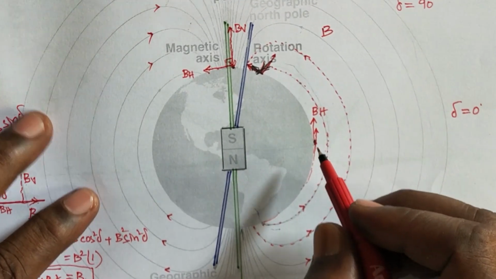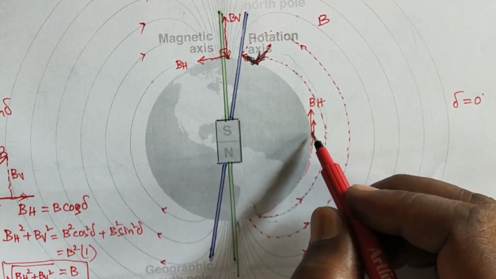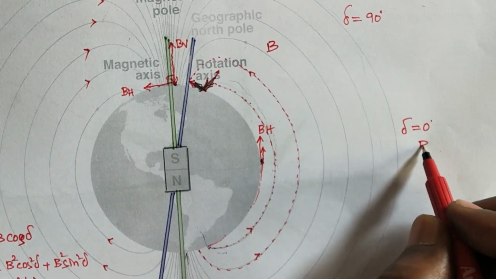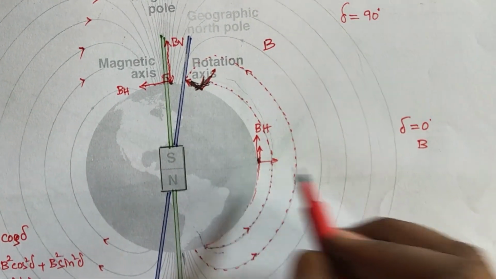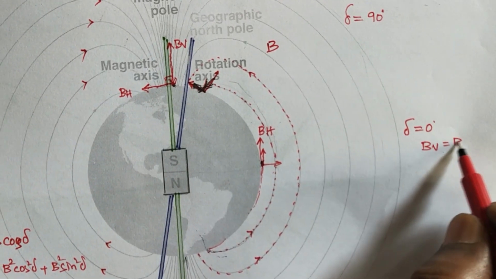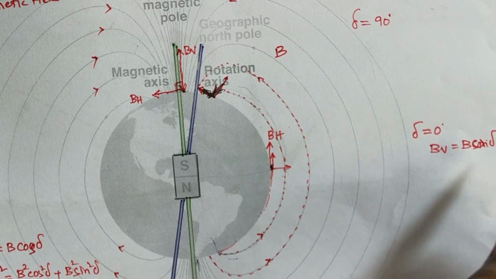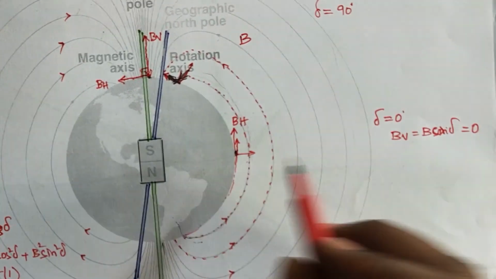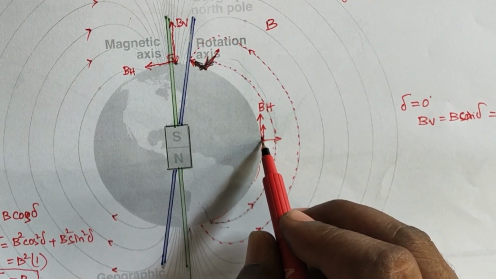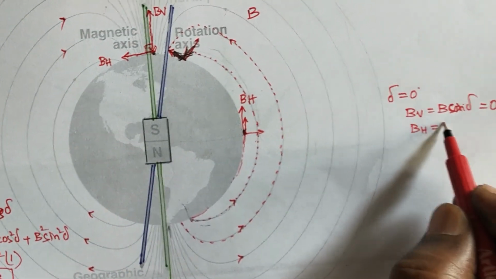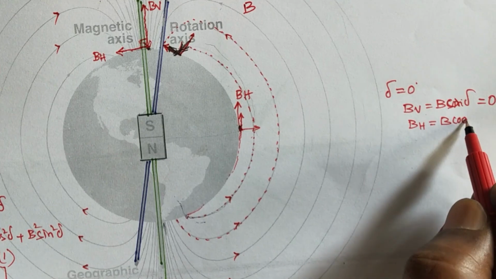When the dip angle is 0 degrees at a point on the equator, what will be the vertical component? The vertical component BV is again B sin delta. Sin 0 is 0, therefore the vertical component is 0 at a point on the equator. BH is equal to B into cos delta.